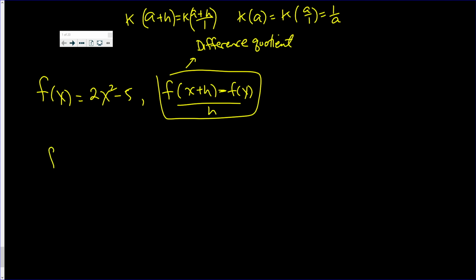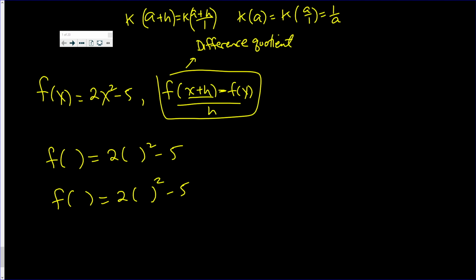So we know that f of x is equal to 2x squared minus 5. I just write x this way, 2x squared minus 5. And if they put a plus h in it, I put a plus h in the brackets. And we have f of x plus h is 2 times x plus h squared minus 5, minus f of x.